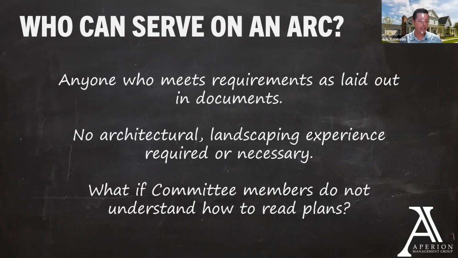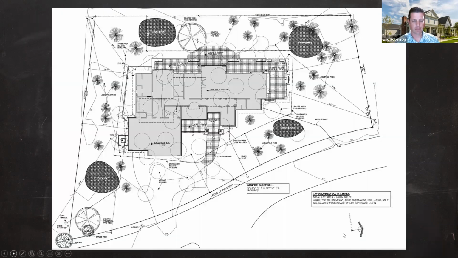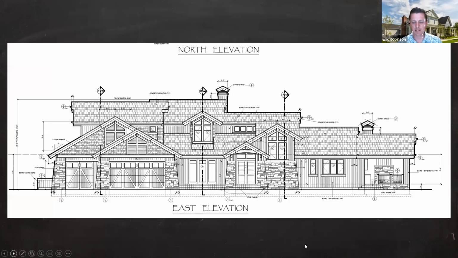But the likelihood is that if you do have people who want to volunteer and serve on your architecture review committee, they may not have the ability to read and interpret plans like something like this, which talks about building envelopes and grades and plant and tree removals, all of these pieces.